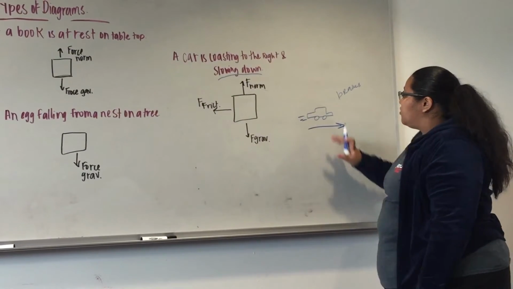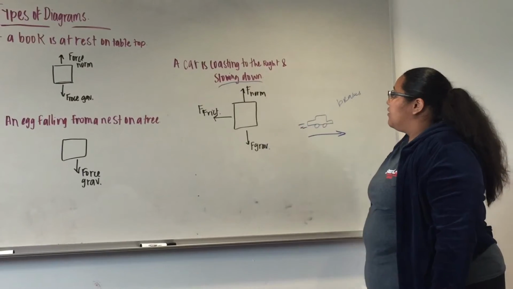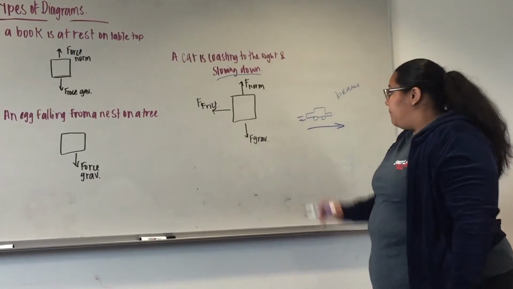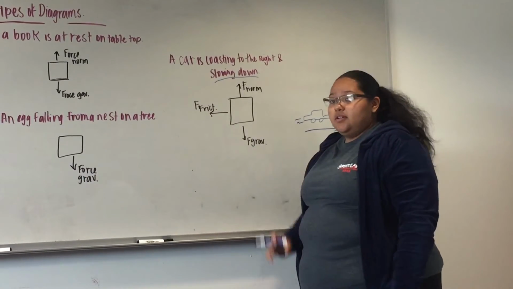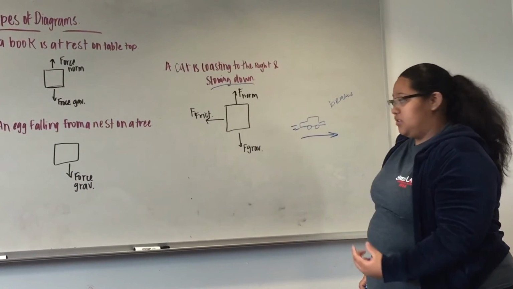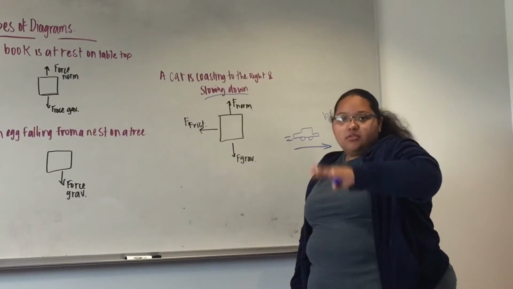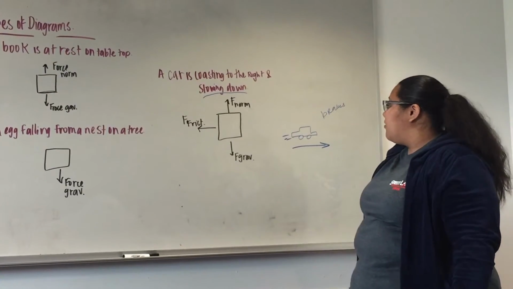So you have force normal acting on it, which is its mass that holds it down. Gravity, which is pulling it towards the center of the earth so that the car doesn't float at all, it stays on the ground.